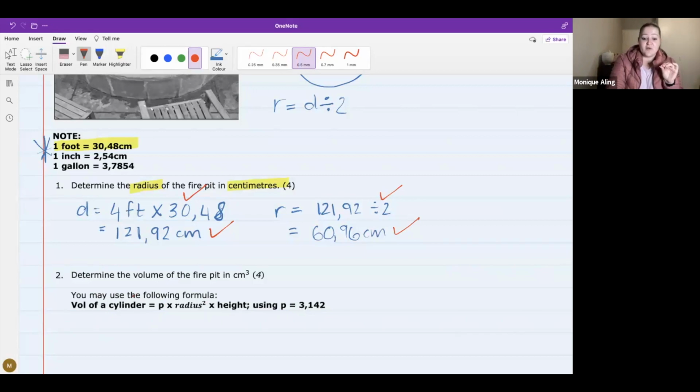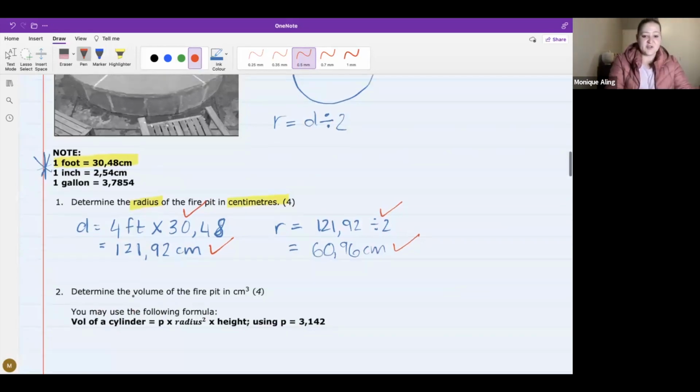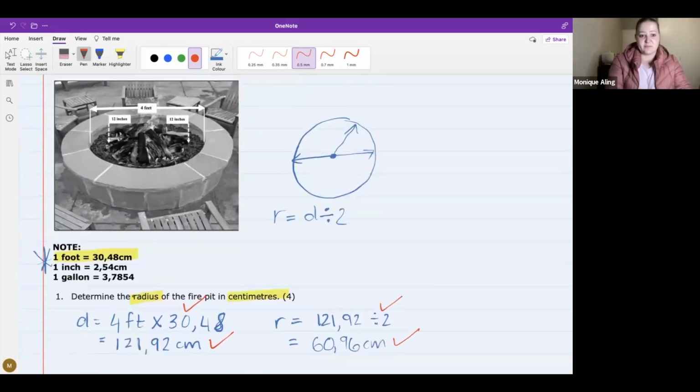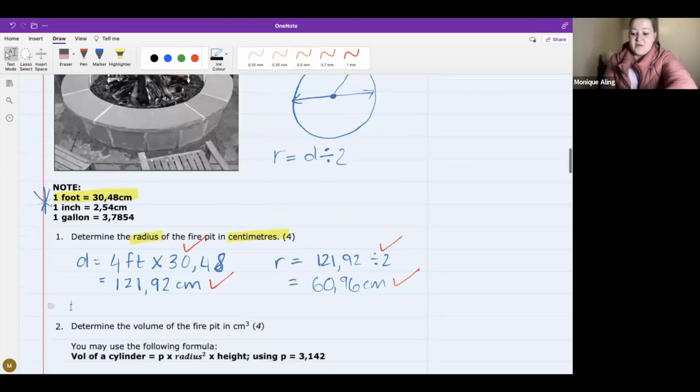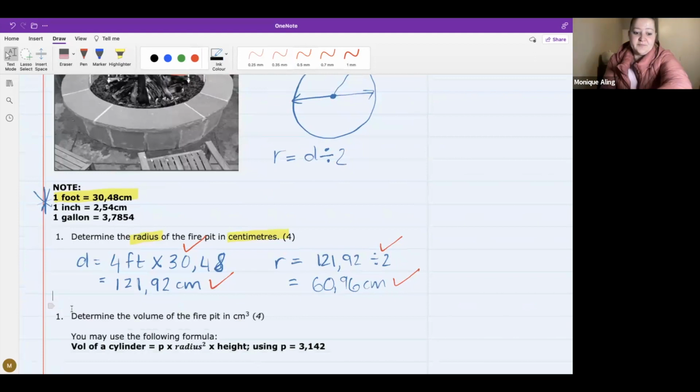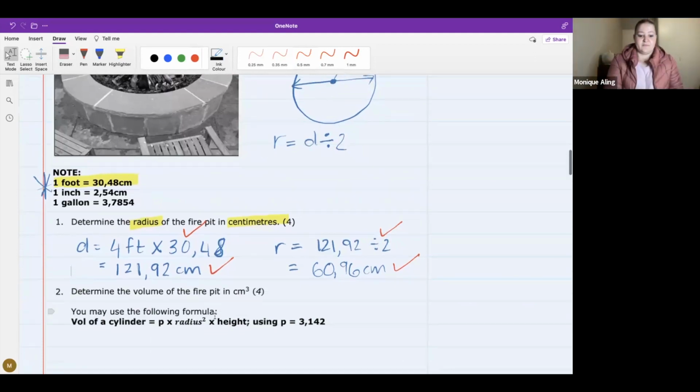So they've given you the formula. I just want to make you guys aware in this picture, the 12 inches mentioned here, that is the height. So the height is 12 inches. You need the height for this next question.